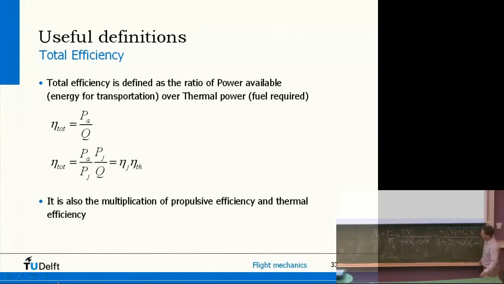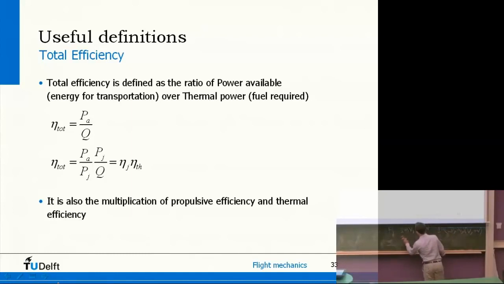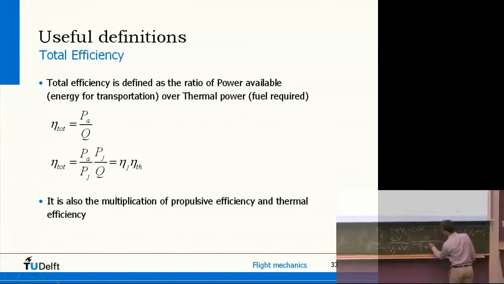So I end up with propulsive efficiency being, I hope it's readable, 2V divided by this Vj plus V, and I can also write this as 2 divided by 1 plus Vj over V. So in this final step, I'm dividing the top and the bottom by V. So this is an expression for the propulsive efficiency.